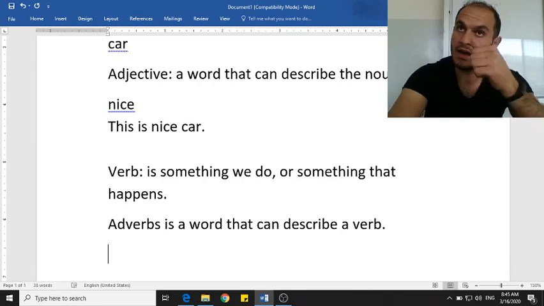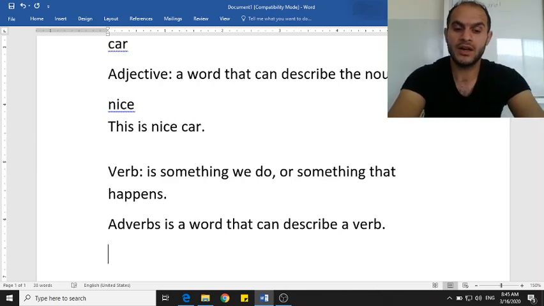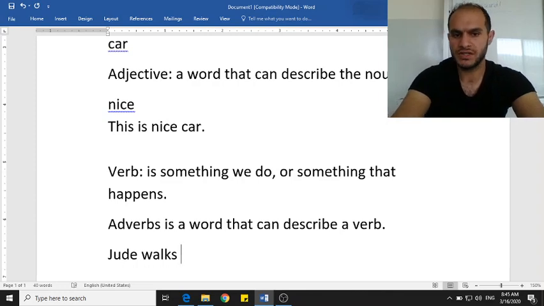Now let's, for example, think of the word walk, right? So I can say Jude walks. This is a verb here. We have walks, but we can describe the verb with another word.